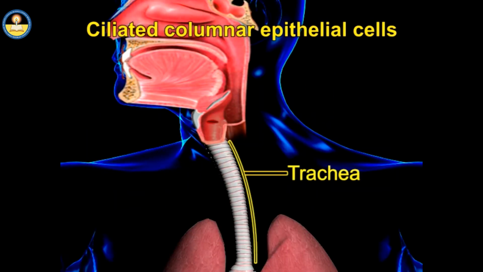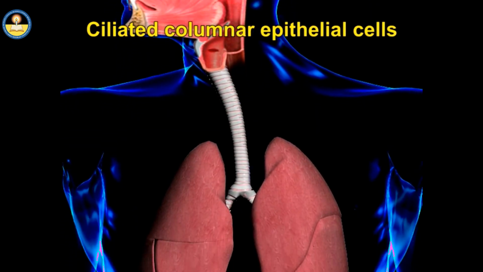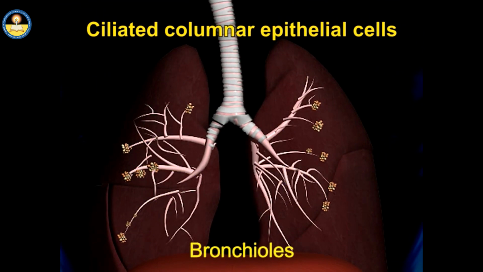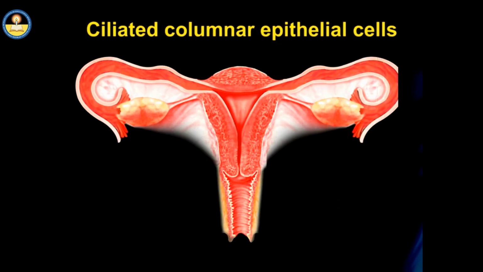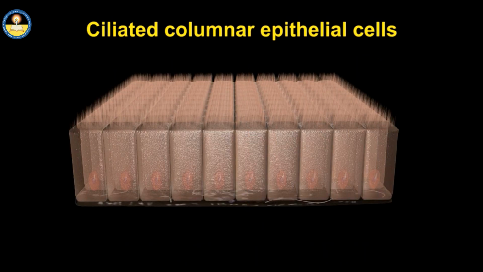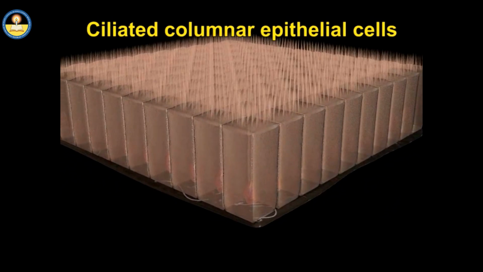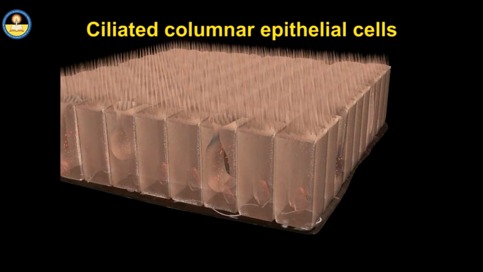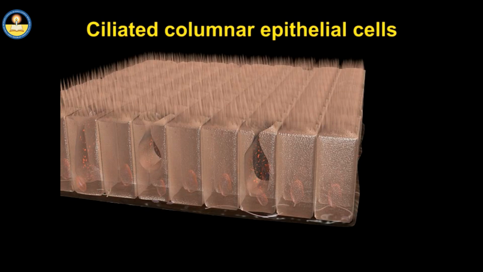They are found mainly in the tracheal and bronchial regions of the pulmonary system and also in the fallopian tubes of the female reproductive system. In some locations, epithelial cells are not placed in a uniform pattern. They usually contain more than one type of cells.